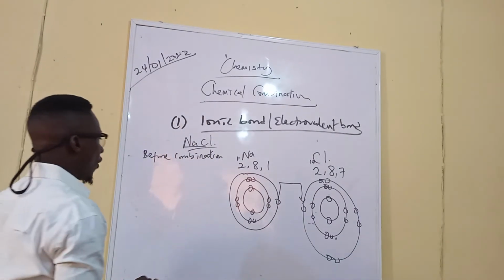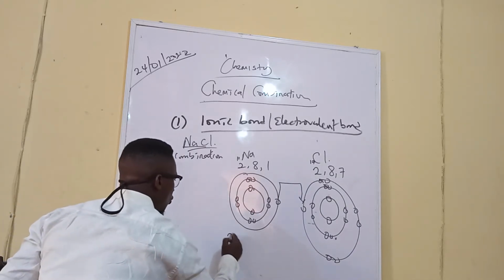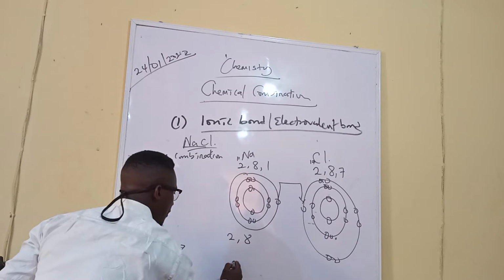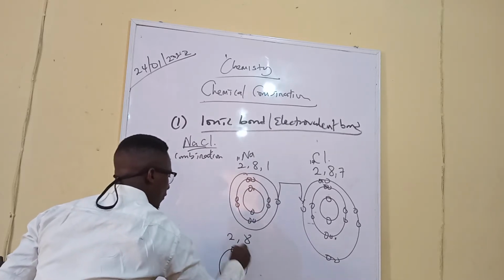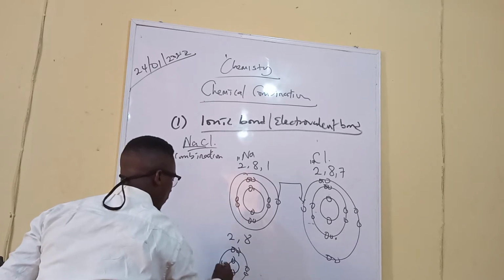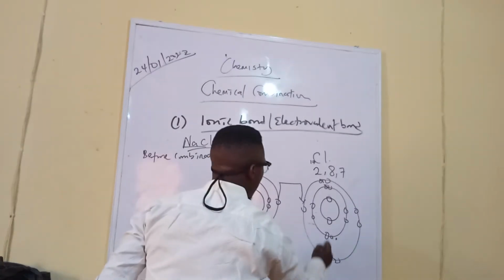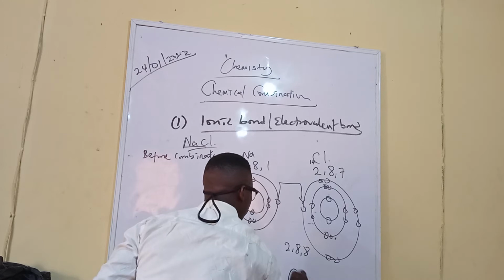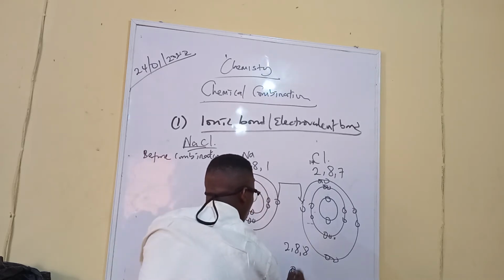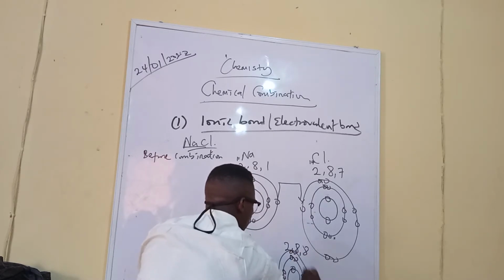After that combination, you have sodium becoming 2, 8, and this is how we draw the 2, 8. So you have it like this, and then chlorine becoming 2, 8, 8.